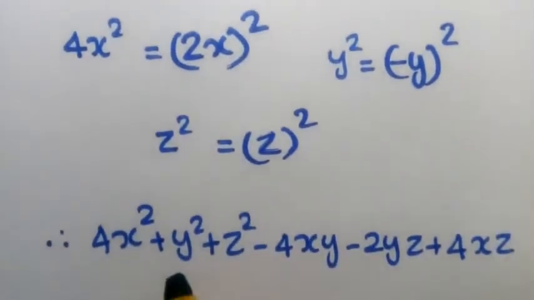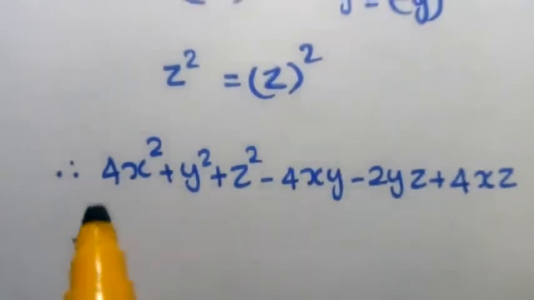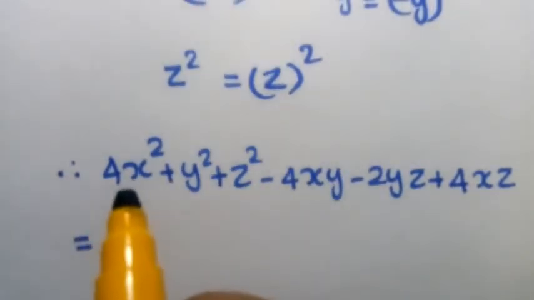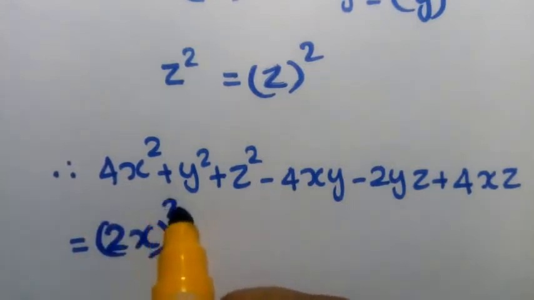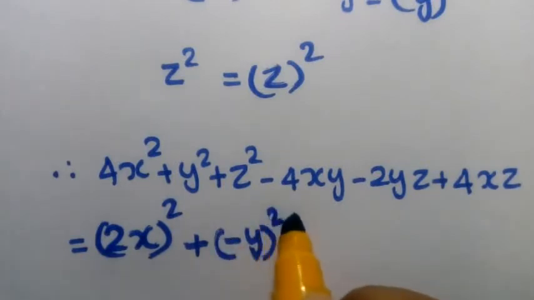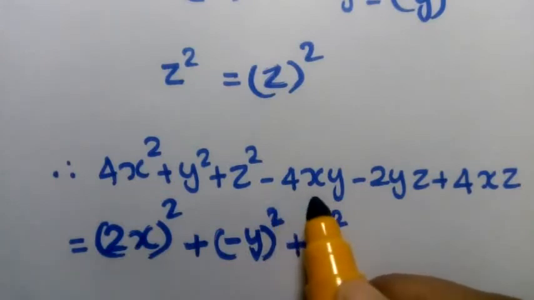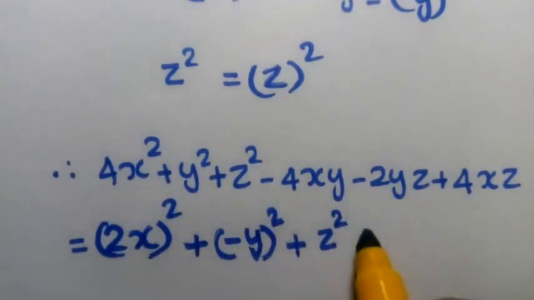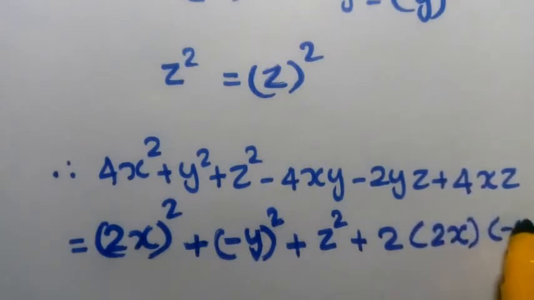Therefore, 4x² + y² + z² - 4xy - 2yz + 4xz is equal to, instead of 4x², we can write (2x)² + (-y)² + z². We can split -4xy as positive 2 into 2x into -y.